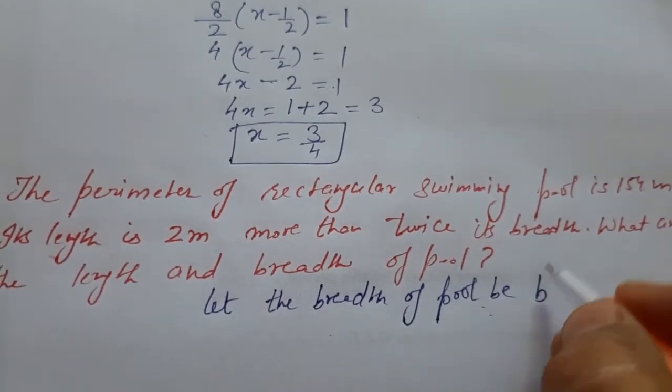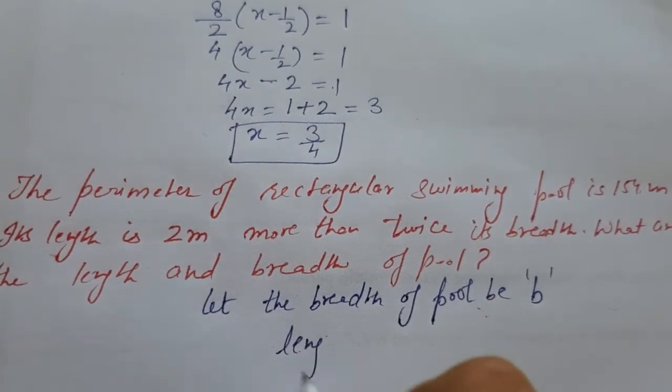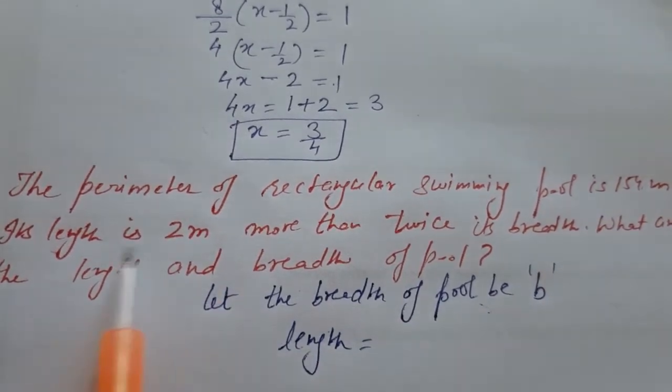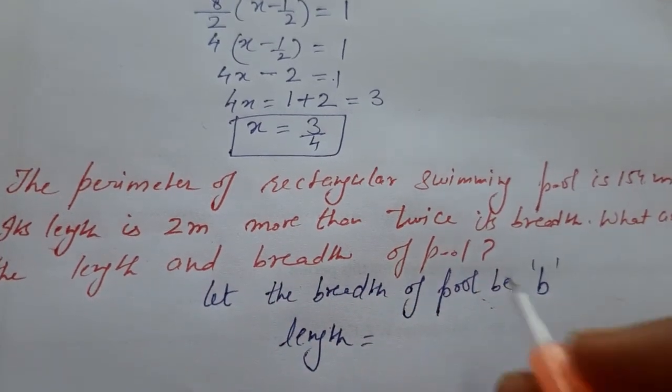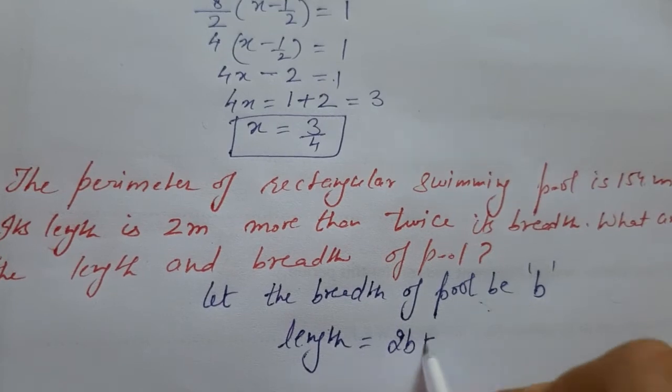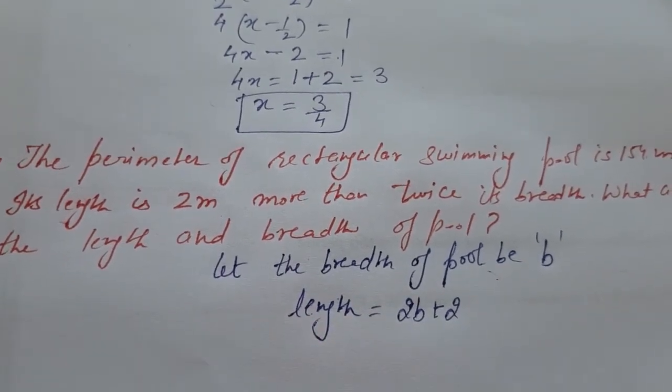I am taking it to be b only. You can take x also. So what will be the length? Its length is 2 meter more than twice its breadth. Twice its breadth and 2 meter more.